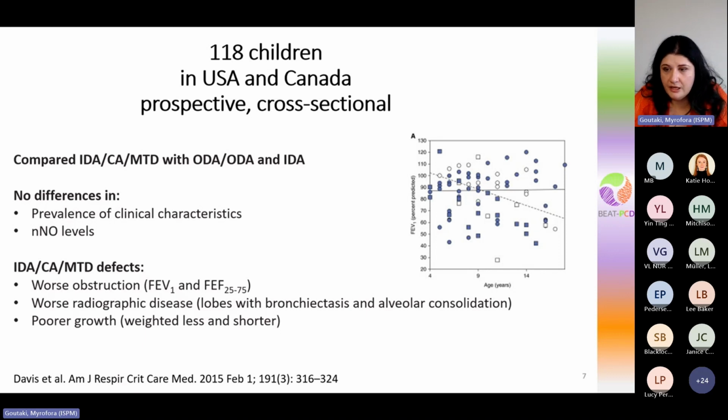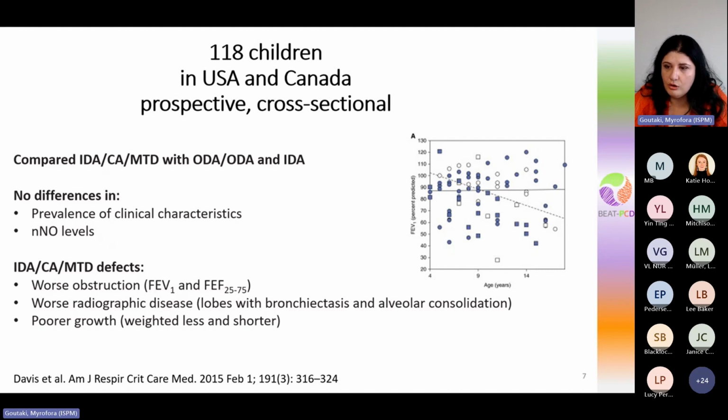However, they did find that patients that had central apparatus or microtubular disorganization defects had worse FEV1 and FEF25-75, so worse obstruction.